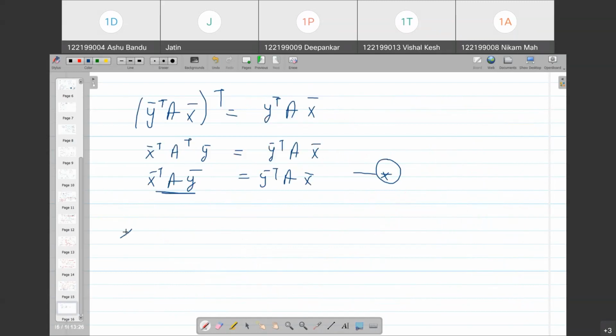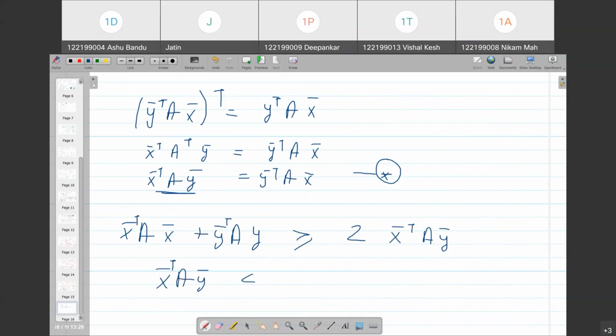So therefore I have X bar transpose AX bar plus Y bar transpose AY bar is greater than or equal to 2 times X bar transpose AY bar, and therefore your X bar transpose AY bar is less than or equal to half times the required quantity.